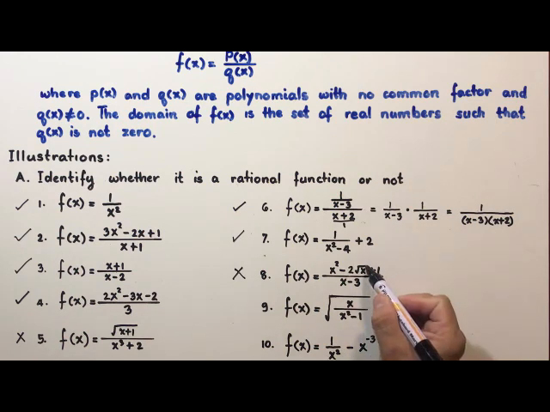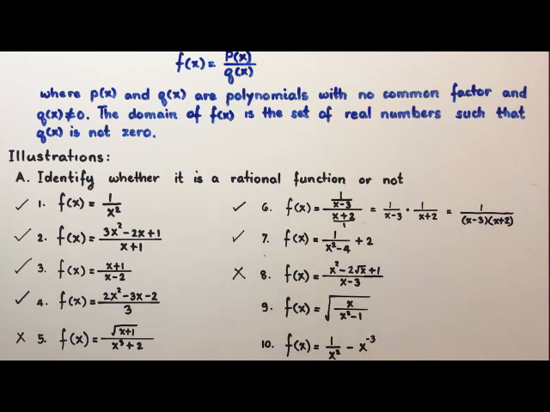You can check that when you express this in exponential form, you see that this is x to the power 1/2. Since the exponent of x is not an integer but a fraction 1/2, it fails to be a polynomial. So therefore, this is not a ratio of two polynomials. Hence, this is not a rational function.